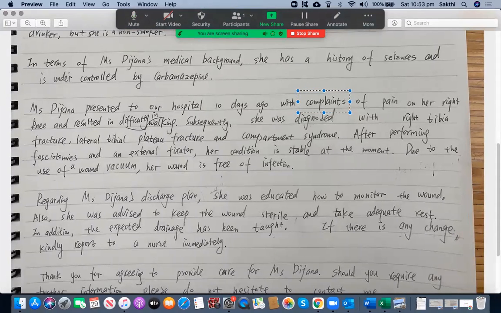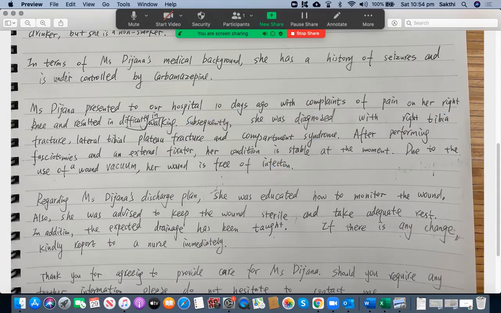So that's good. Subsequently, she was diagnosed with the right tibia fracture, lateral tibial plate fracture, and compartment syndrome. Okay, so this one is really good. She didn't commit any spelling mistakes here.